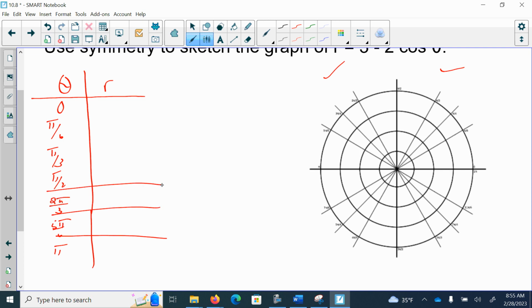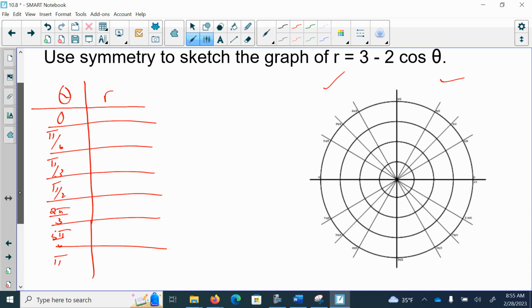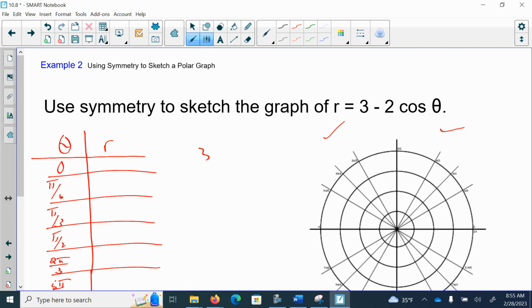And since I know my unit circle, this will go rather fast. So when I go up here, I'm going to do 3 minus 2 times the cosine of 0. Well, the cosine of 0 is 1, so this will be 3 minus 2, which is 1. When I do 3 minus 2 times the cosine of pi over 6, the cosine of pi over 6 is the square root of 3 over 2. Multiply that by 2.